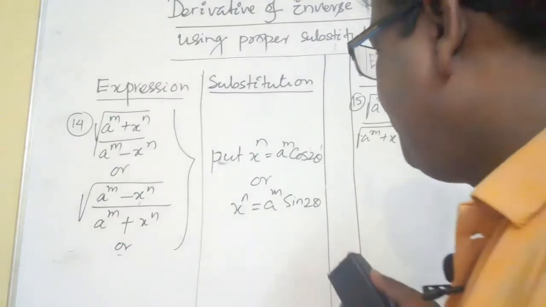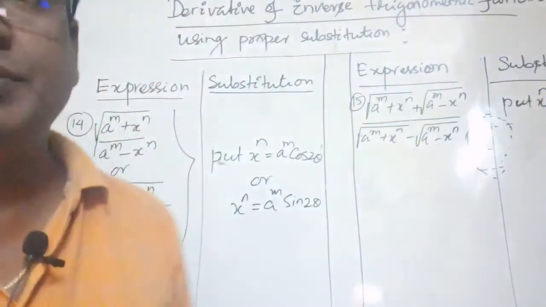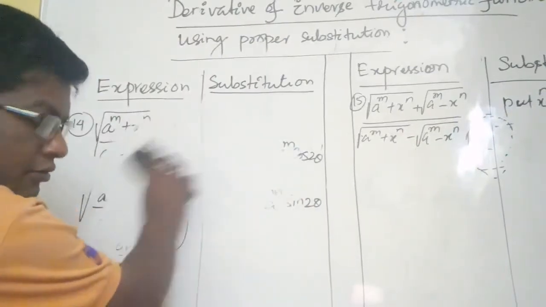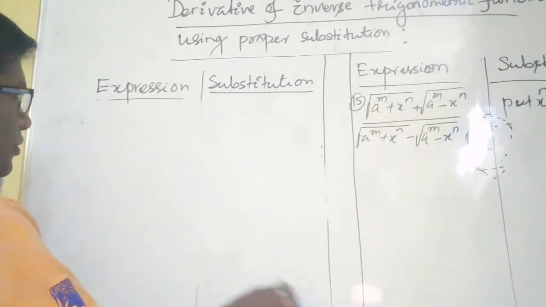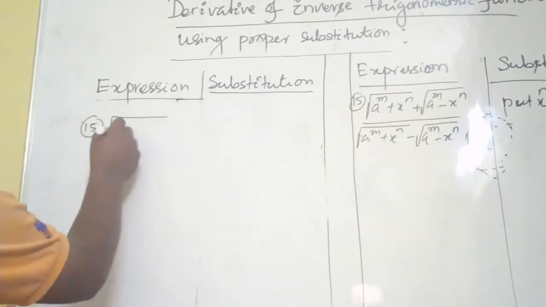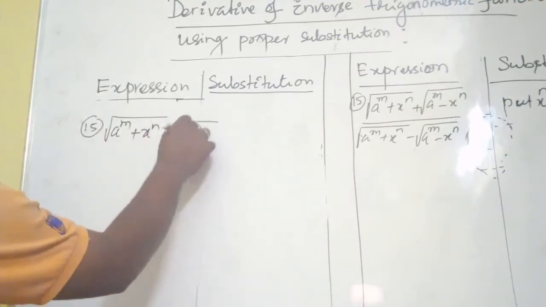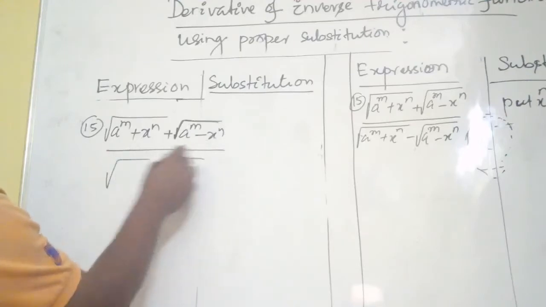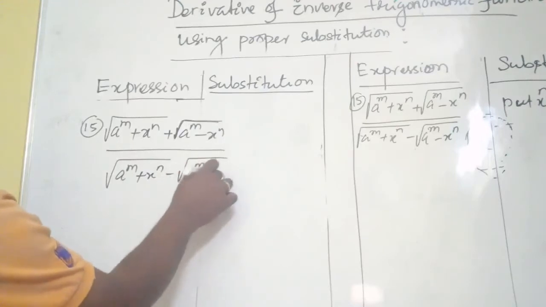Similarly, if this is question 15: root over a to the m plus x to the n plus root over a to the m minus x to the n, divided by root over a to the power m plus x to the n minus root over a to the m minus x to the n.